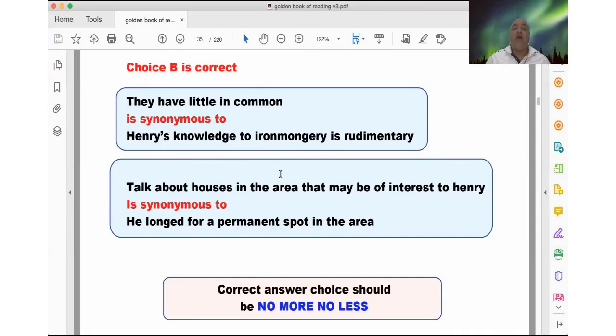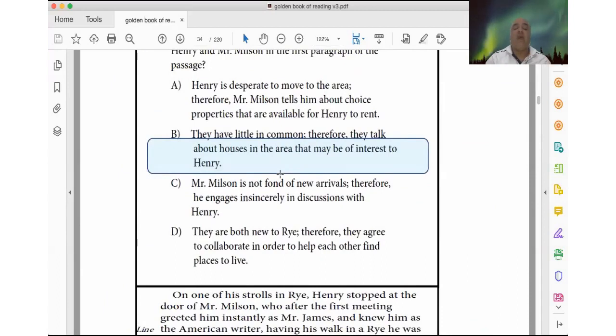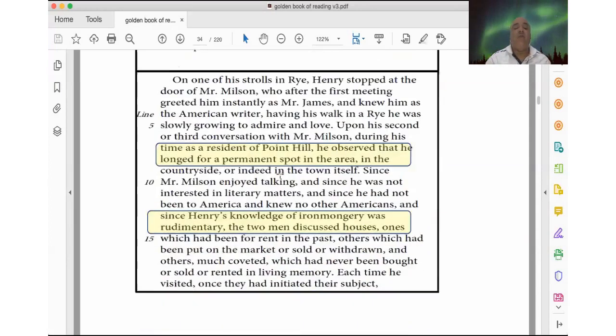He admires the place and desires to buy a house in the area, which parallels he longed for a permanent spot in the area. That's why choice B is the correct choice: they have little in common, therefore they talk about houses in the area that may be of interest to Henry, as Henry has a desire to live in the city of Ray.